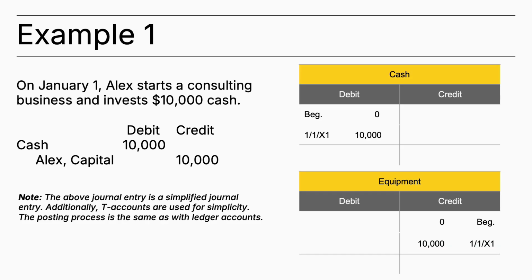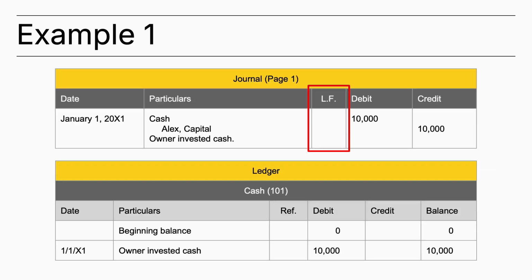Before we continue, do you remember the LF column we saw in the journal? And on the ledger side, we also have a reference column. Let me show you the actual format real quick so you can see how this works in practice. As I mentioned earlier, in the journal, we use something called LF, which stands for Ledger Folio.